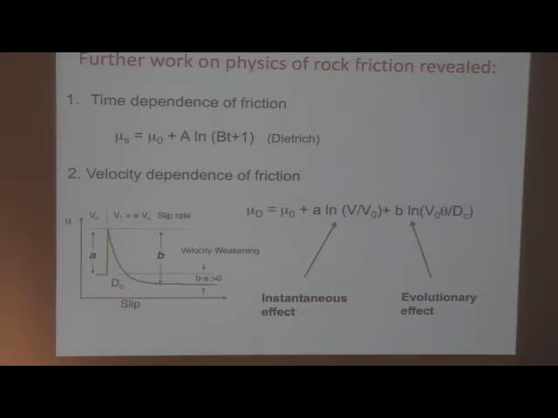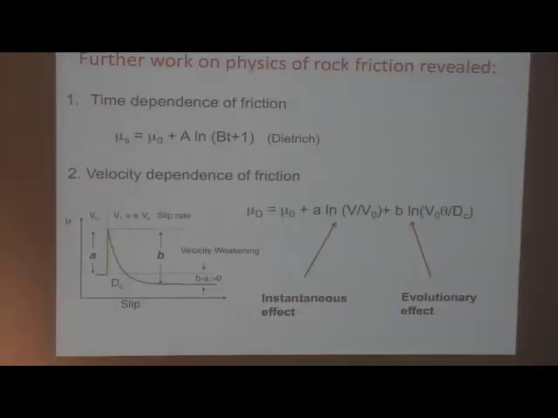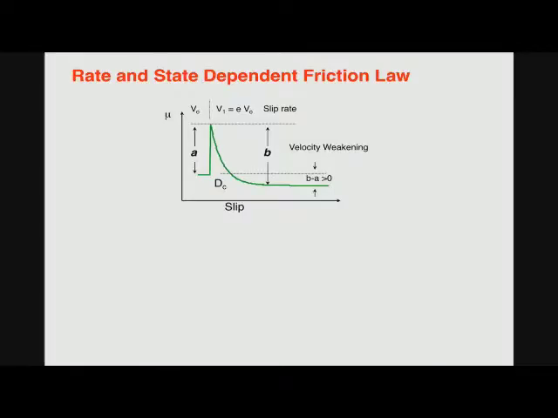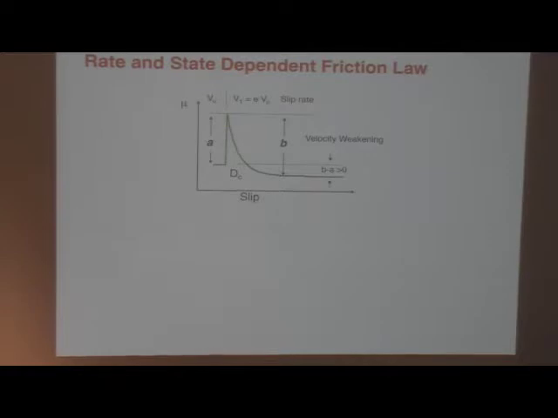It describes what the contacts look like, what those asperities look like. What I'm getting to is rate and state friction. You also need an expression for how that state variable evolves over time.